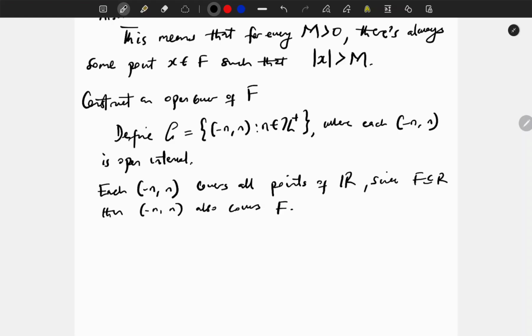So now the next question we want to ask ourselves is, can we find a finite subcover that will cover f? A finite subcover would consist of finitely many intervals.